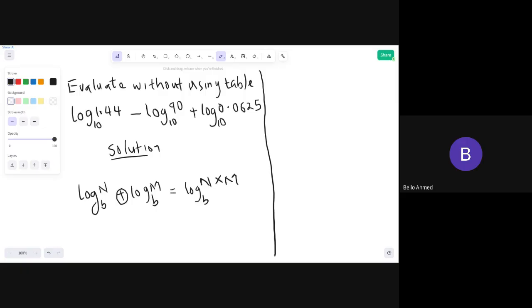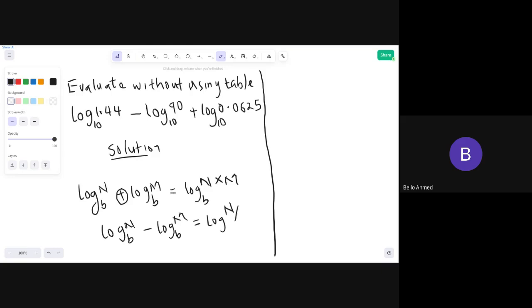And also when you have a logarithm of n base b minus logarithm of m base b, then you're going to have logarithm of n divided by m, to the base b.